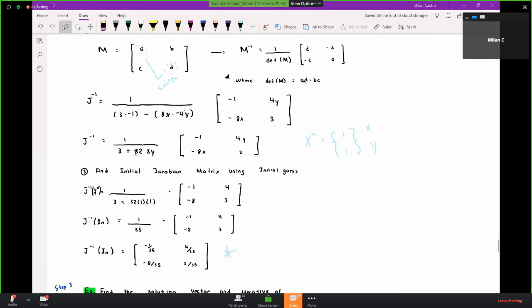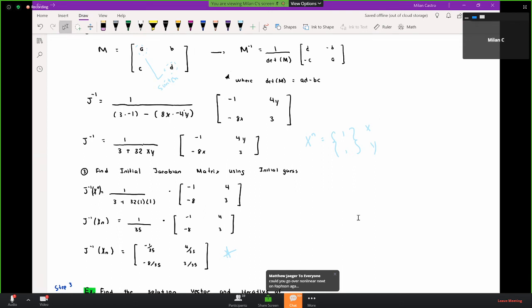We apply it. And then after you guys are done looking at this, we'll go over what you need to update in order to find the second iteration.